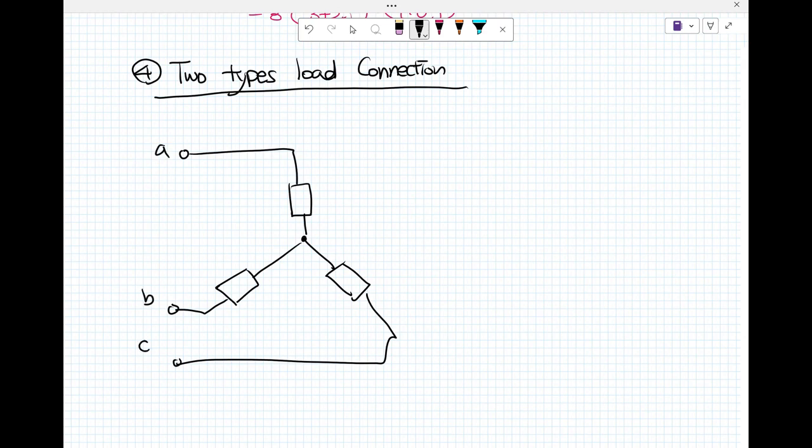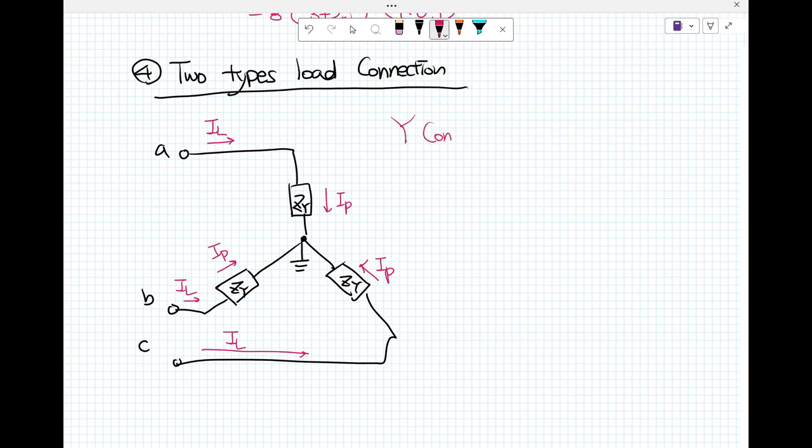A, B, C. This is a Y. This is the load current. This is phase current. Load current, or line current. This is phase current. So for Y connection load, I sub L is equal to I sub P.